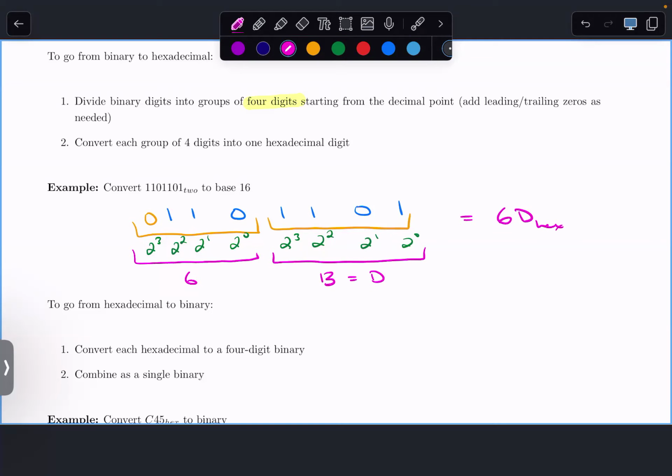You should be able to check that on your calculator, right? Or if your calculator doesn't do it, that's totally fine. You've got this shortcut.